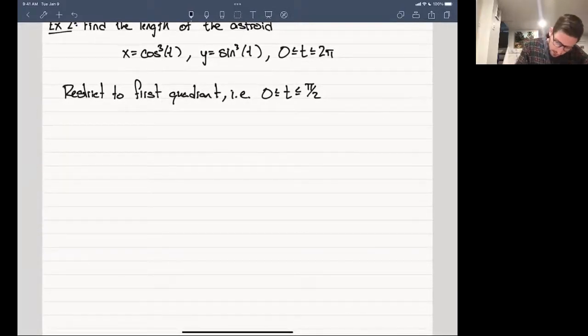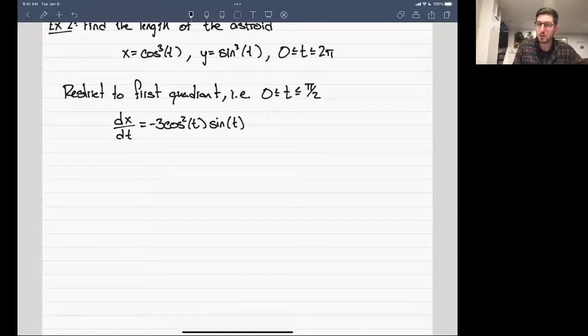And so then dx dt is equal to, and you'll see why I restricted this in a moment, dx dt in this case is minus 3 cos squared t sine of t. This is what we got last time when we did the substitution. And then dy dt is equal to 3 sine squared t cos of t.